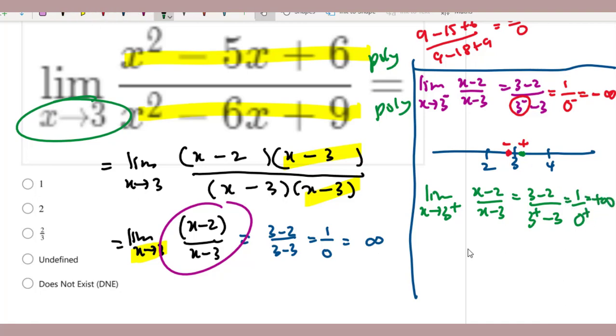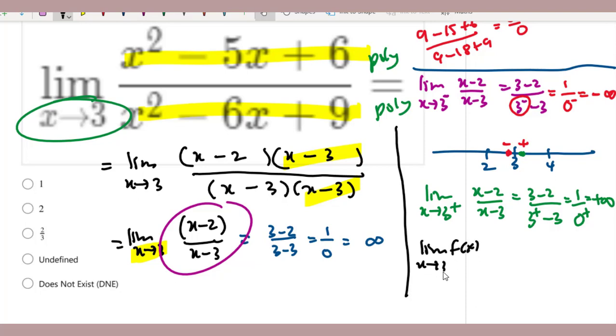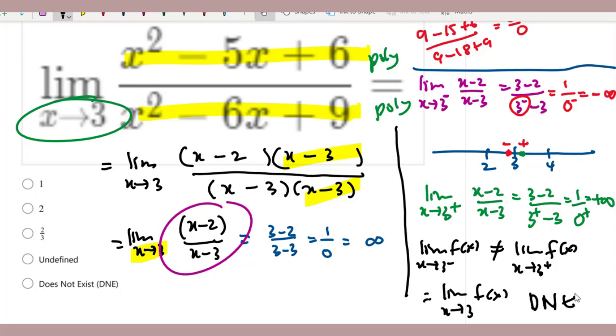So we can conclude that the limit of f(x) as x approaches 3 from the left is not equal to the limit of f(x) as x approaches 3 from the right. So we can conclude that the limit of f(x) as x approaches 3 does not exist. Why? Because the limit on the left is not equal to the limit on the right.